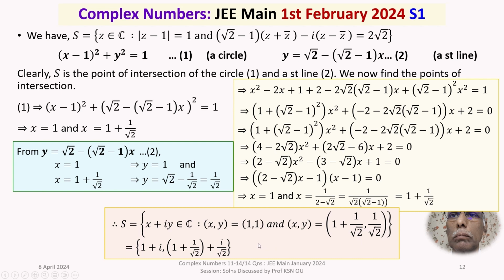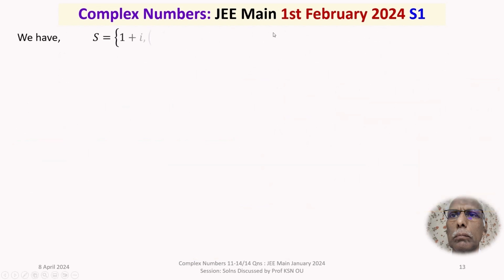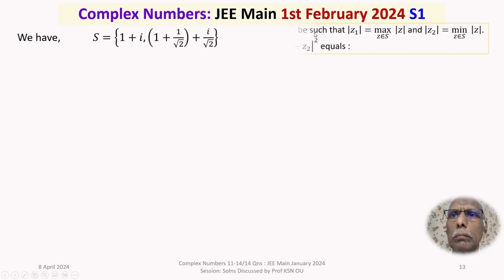So that means S has only 2 points. And obviously one will have the maximum modulus and the other will have the minimum modulus. Right. So take the modulus.